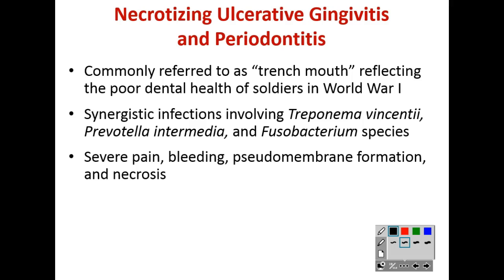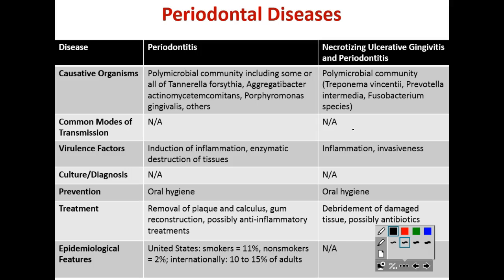Synergistic infections involving Treponema vincentii, Prevotella intermedia, and Fusobacterium species. You have severe pain, bleeding, pseudomembrane formation, and necrosis. So in periodontal disease, the best prevention is good oral hygiene.